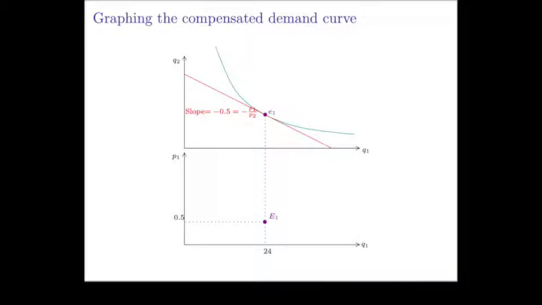Now the consumer is going to demand some bundle there, and in the example we had seen before, that bundle consists of 24 units of good 1.